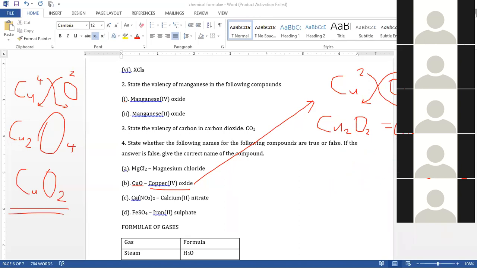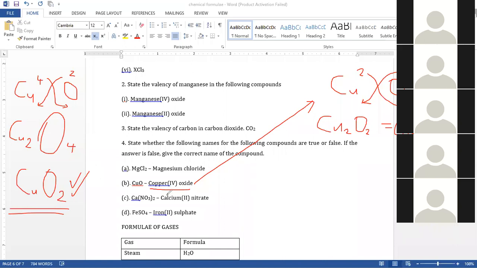When you check our table, we said copper can have 2 valencies, the valency of 2 or the valency of 1. Check our table very well. So that means that copper cannot have a valency of 4. This working is perfect, it shows that you've understood very well, but in the table we gave you 2 valencies, a valency of 2 and a valency of 1.